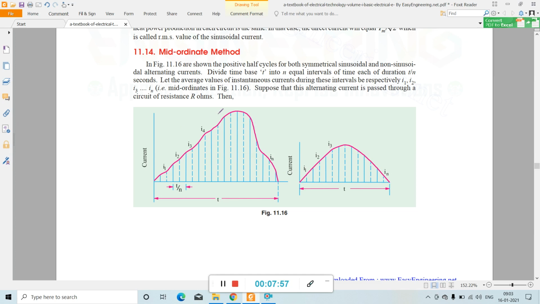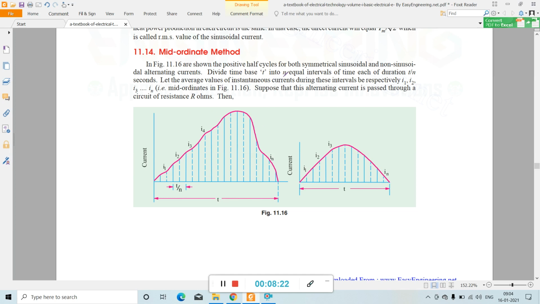Symmetrical means whatever amplitude and time period it has in the positive half cycle, the same it has in the negative half cycle. Here only one half cycle is shown.